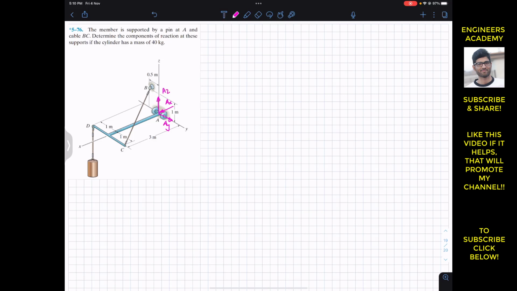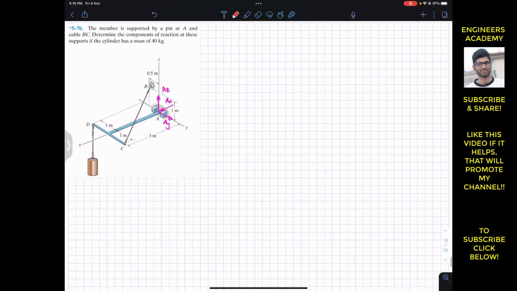This is AZ. And now as we can see, this pin can also resist the rotation about the x-axis. So it can provide the resistance along the x-axis, that is the moment along the x-axis. So let's assume that this red one is MAX.